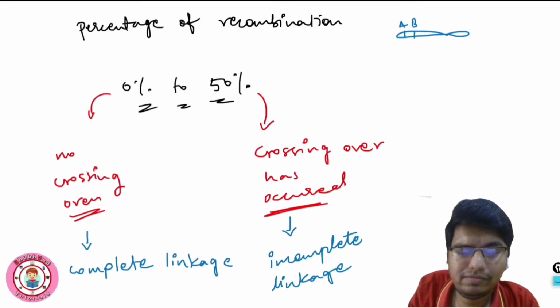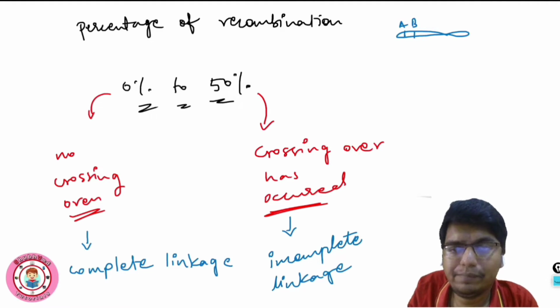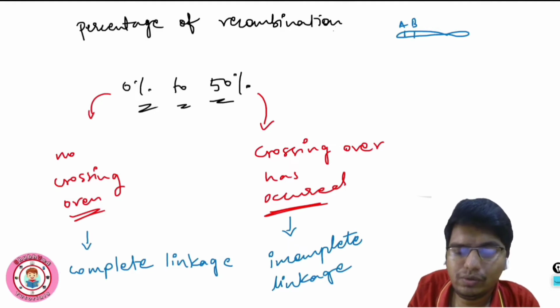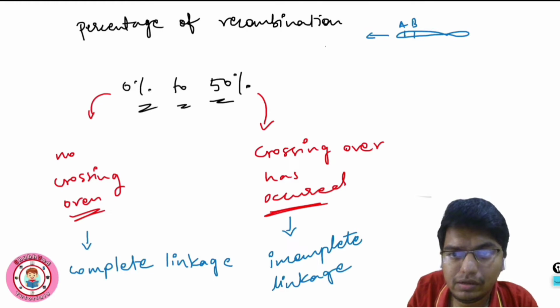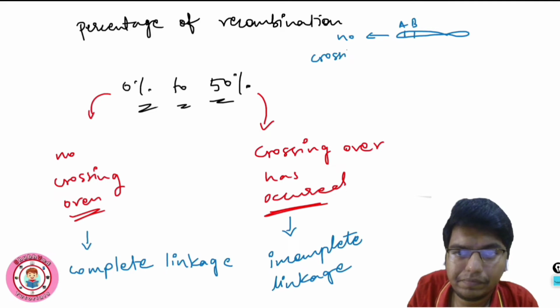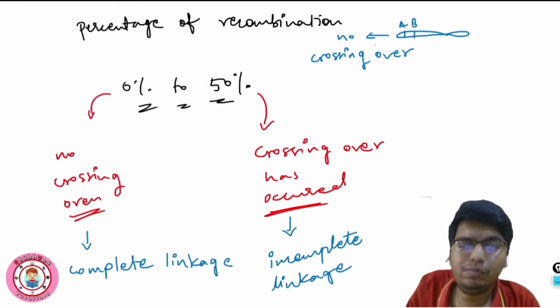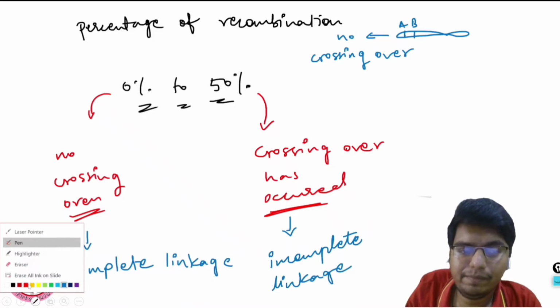No crossing over means they are located too close, so that they are not separated from each other. If the genes are located on the same chromosome, but too close to each other, they cannot be separated.